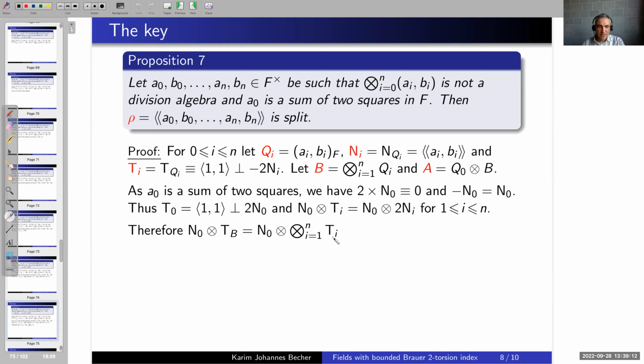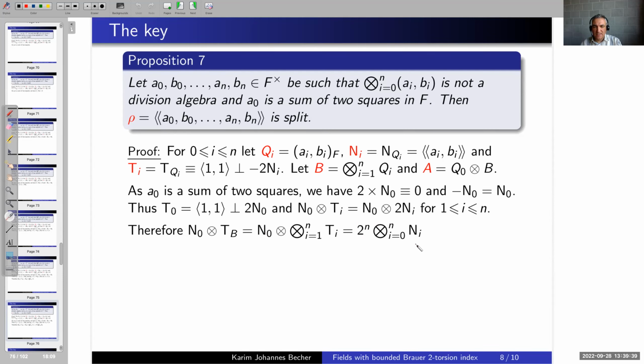So now I'm using for each of the factors on the right how they react with the N0. I always keep the N0, but I can step by step replace the Ti's now by 2 Ni's. So I get this here because the 2 comes in every time. I get a scalar here, which is not that important, and I get the N0 and then all the other Ni's.